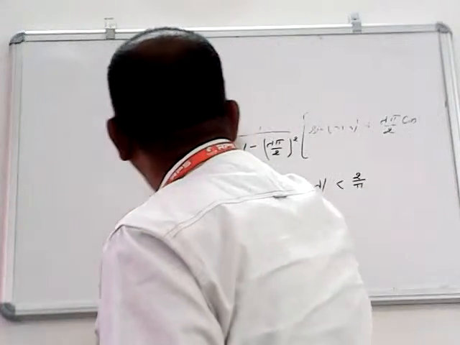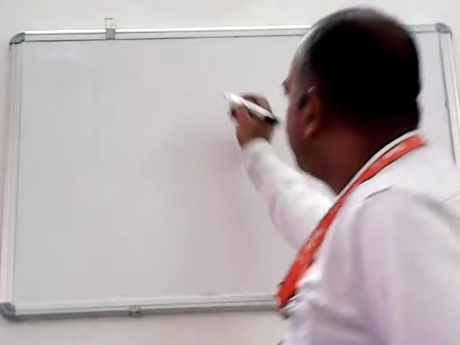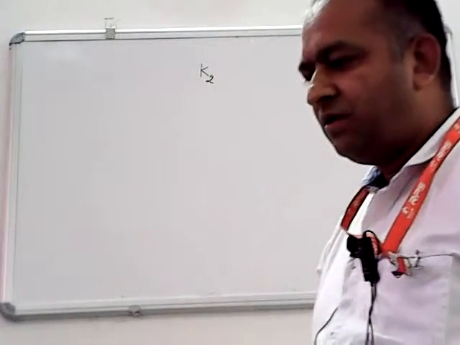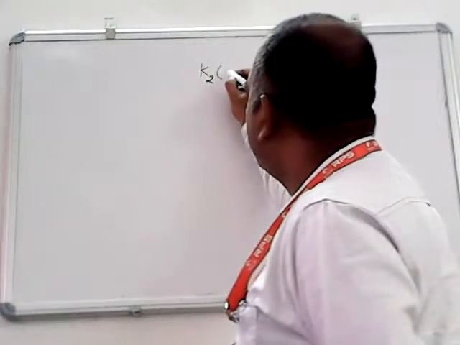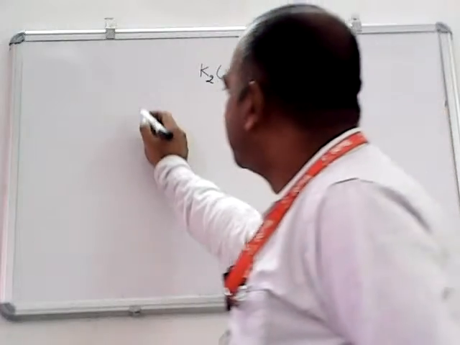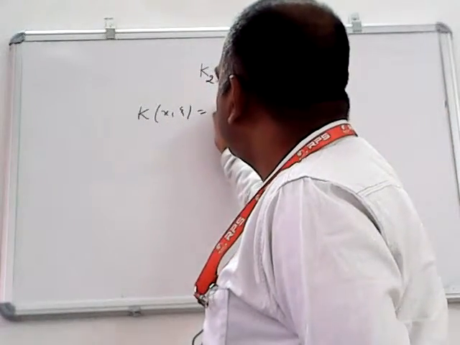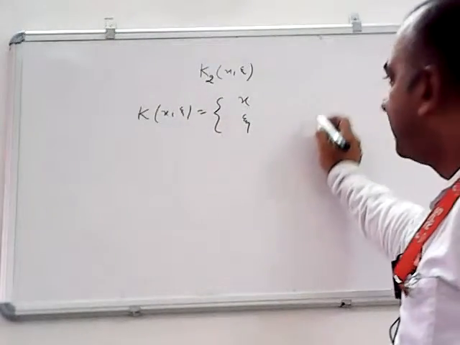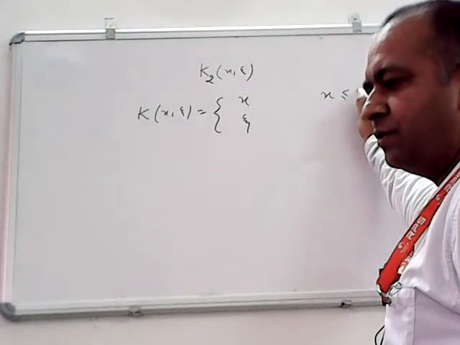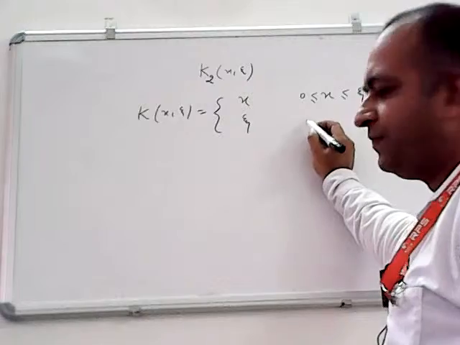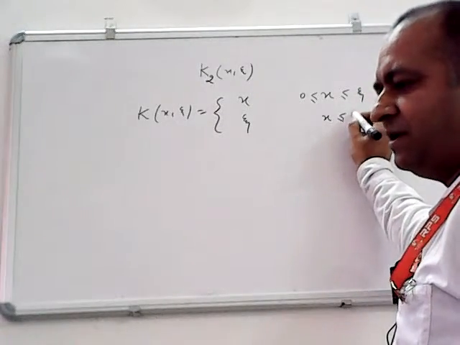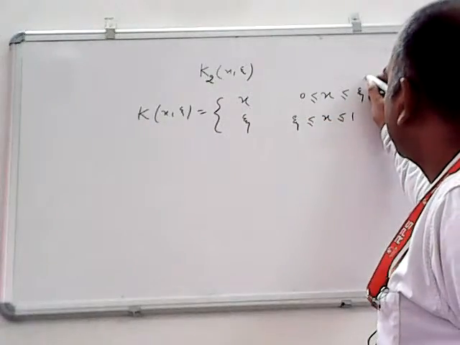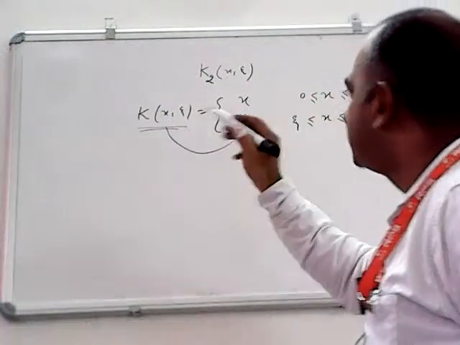So right now we are going to start today's lecture, and there is a question: find out the iterated kernel K2(x, ξ) when the kernel K(x, ξ) is given as x when 0 ≤ x ≤ ξ, and as ξ when ξ ≤ x ≤ 1.